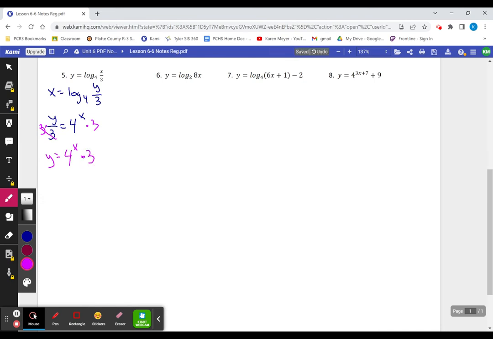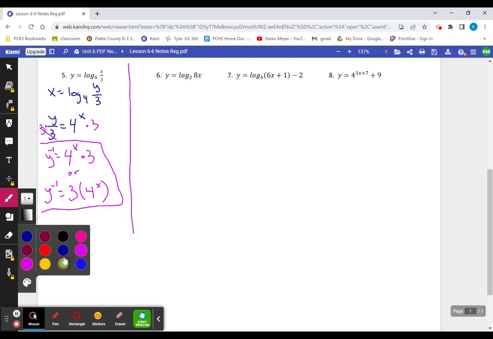Or if you want, you can also write it as 3 times 4 raised to the x. I'll just put my little inverse notation here. So it doesn't matter to me which one you put first, if you put the 4 raised to the x times 3, or if you say 3 times 4 raised to the x.